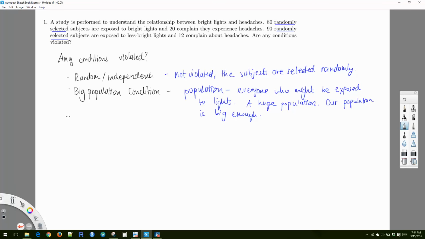And then lastly we have the large sample condition. Here we have 2 samples. One sample of 80, the bright lights. We have 80 people, and 20 complain of headaches.